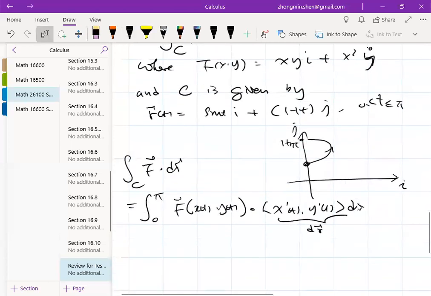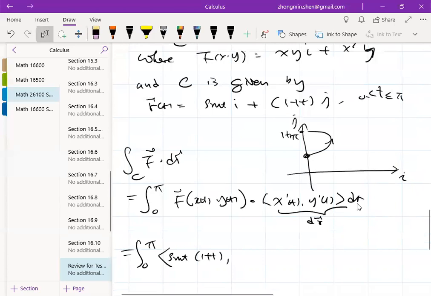Right? So you can see x times y will be sine t times (1 plus t). That's the first component. x squared will be sine squared t. And then the dot product has cosine t and the 1, and dt.